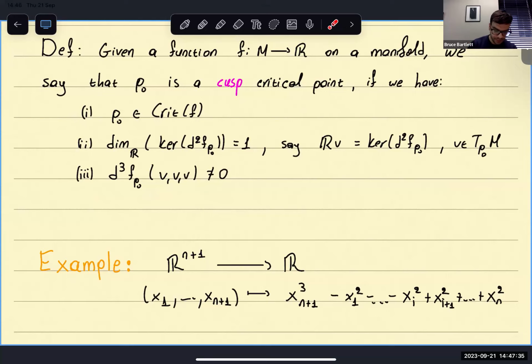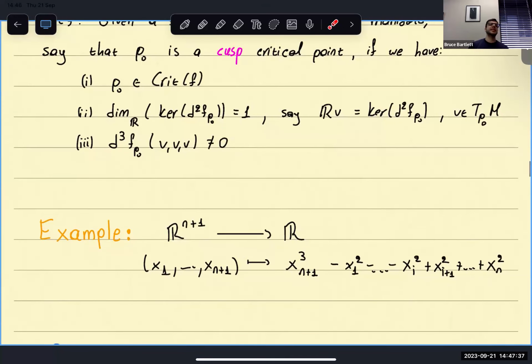So the example to keep in mind, and that's really the only example needed, because everything would locally take this form, is a map from R^(n+1) to R, where it has a cubic in the last coordinate, and then the rest of the coordinates take the form that we saw in the Morse case.